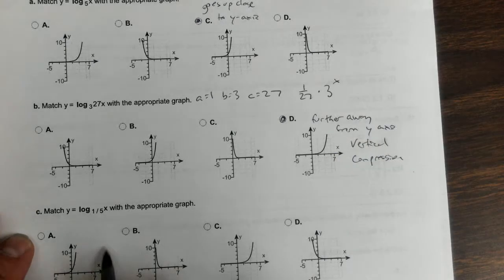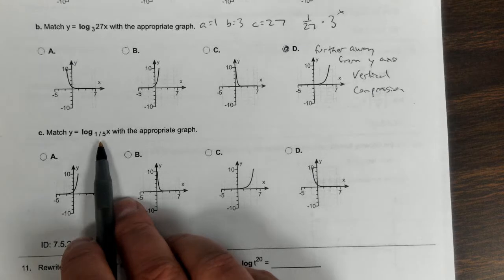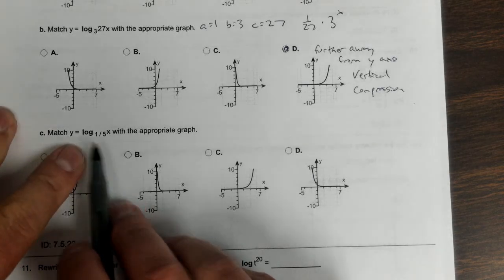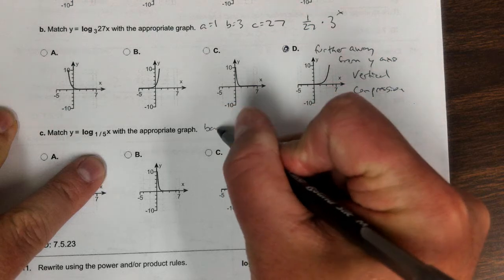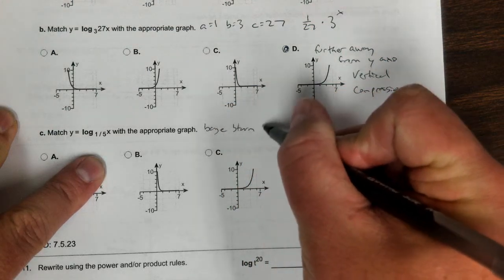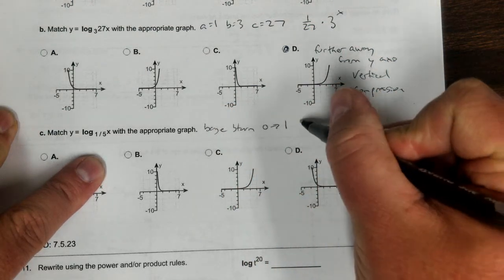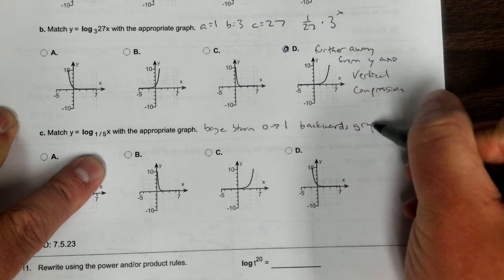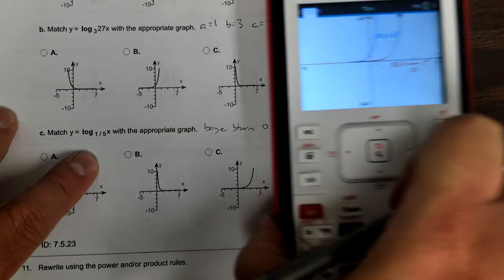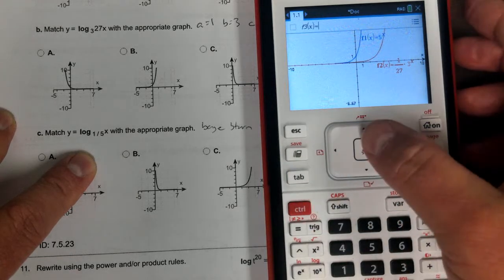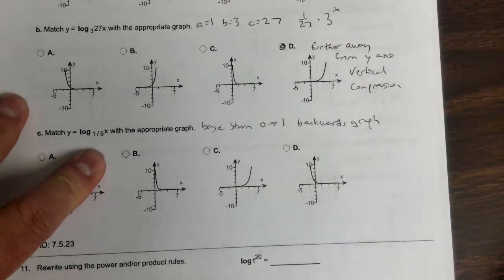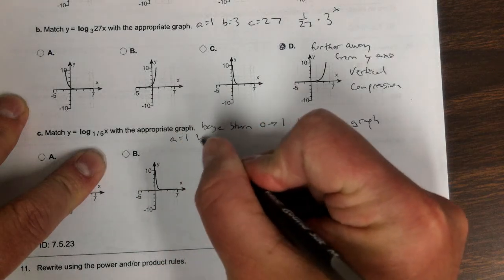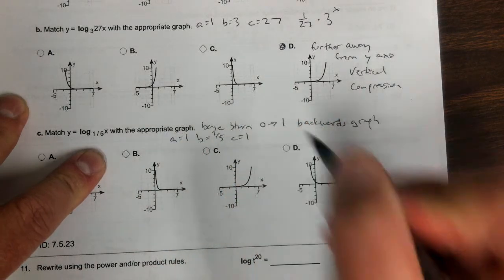Now the next one has a log base that's a number between 0 and 1. And so remember, if you have a base between 0 and 1, it's going to be a backwards graph. So let's graph that one. Our a is 1, our b is 1/5, our c is 1.